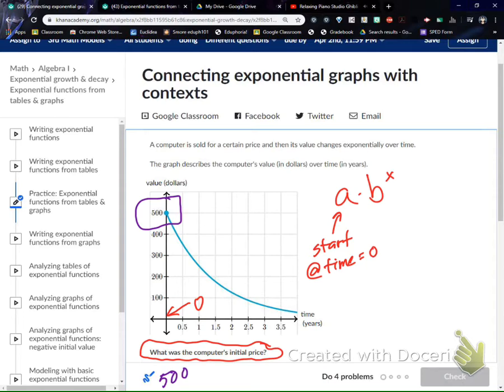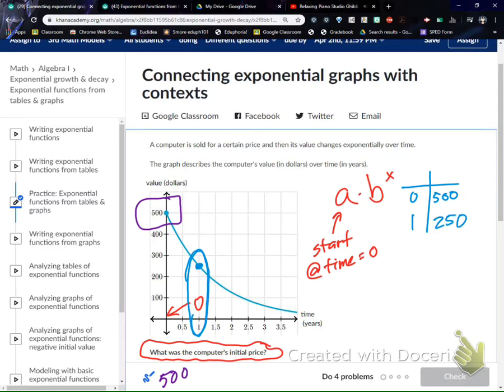Now the other concept that we're going to see start happening here is looking at how much this changes, and again, that means we're going to look at this one value. That's going to again be our critical one when we start to look at how much a price or a value has changed from the start to that first time increment. While it doesn't ask for it in this particular problem, I'm seeing that we're starting at a time of 0 and a value of 500, and at a time of 1, it looks like we're down to right in between 200 and 300, so at 250.